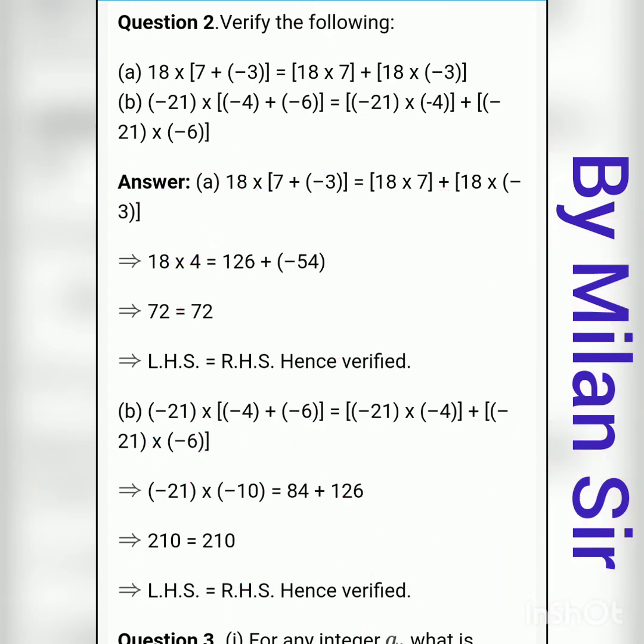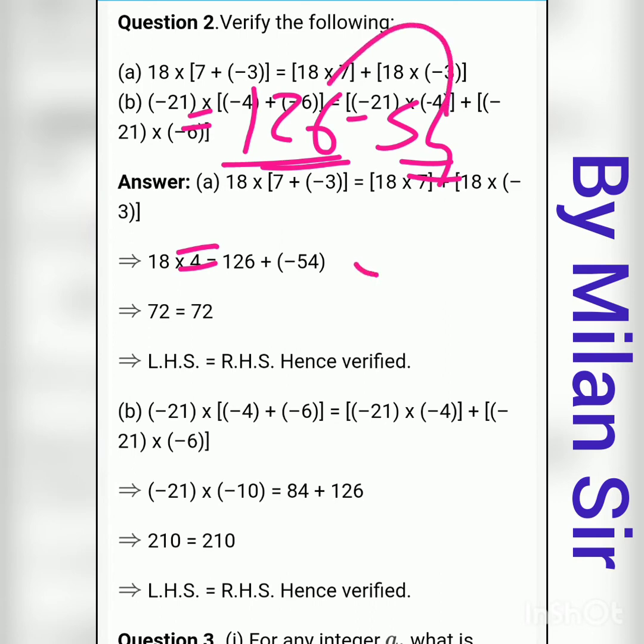Now 126 minus 54. Here 6 minus 4 is 2, 12 minus 5 is 7, so 72, right? The bigger number 126 has a positive sign, so plus 72.